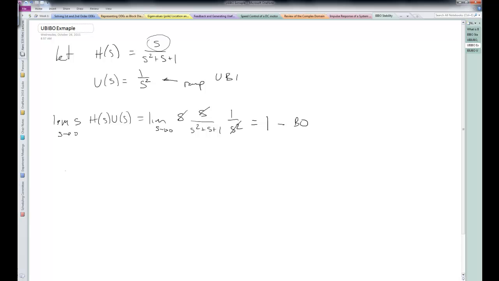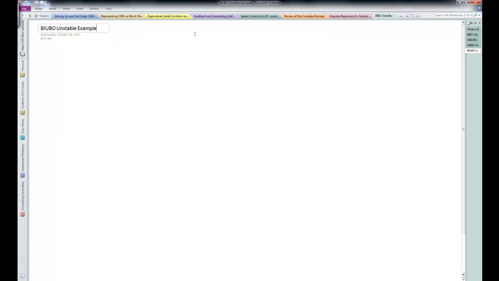So finally, we can look at one last example where we have a bounded input and an unbounded output. Really what this is saying is we have an unstable system. Let's use the position transfer function of the DC motor, K over s times tau s plus 1.